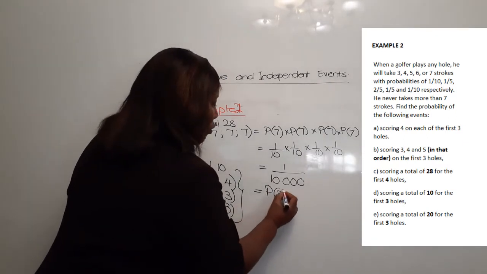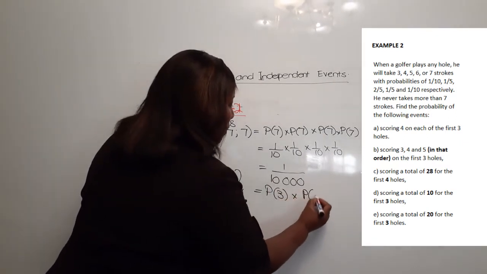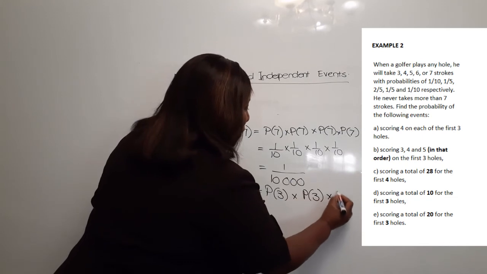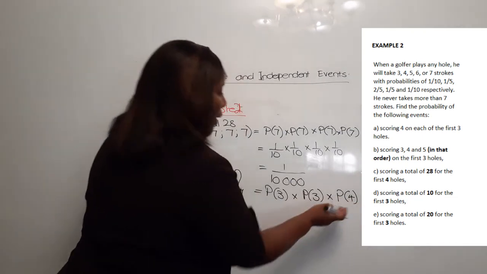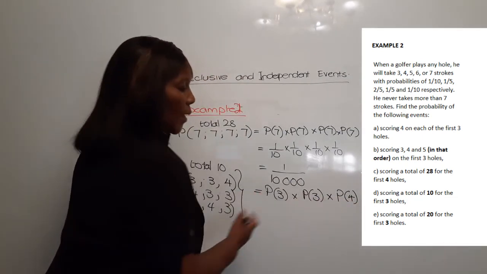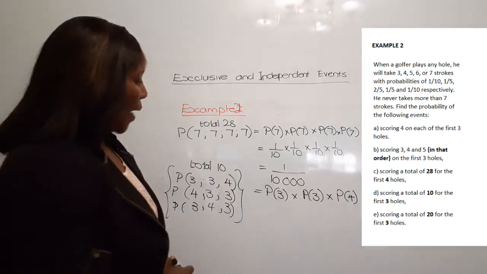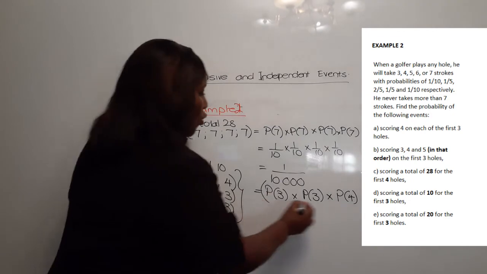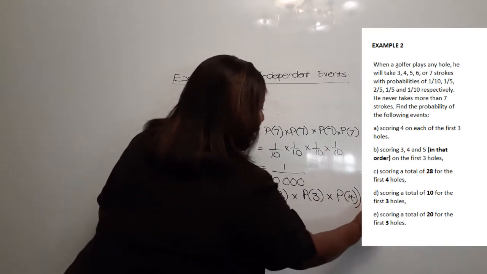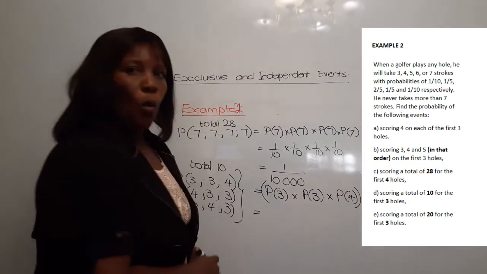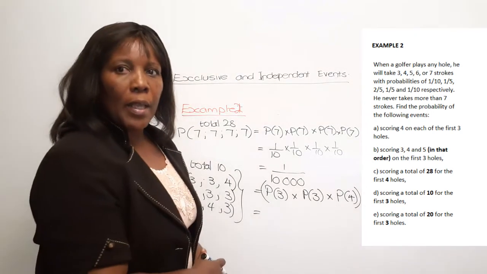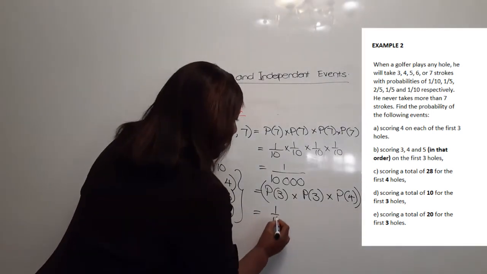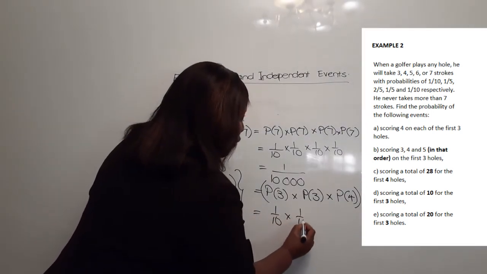This will be probability of 3 multiplied by probability of 3 multiplied by probability of 4. The order here is mattering, but because we are multiplying, it's just the same as taking one of these and multiplying it by 3. So this is equal to probability of a 3, which is 1 over 10. Another 3, 1 over 10.